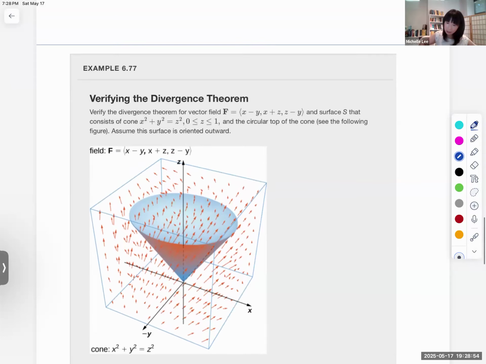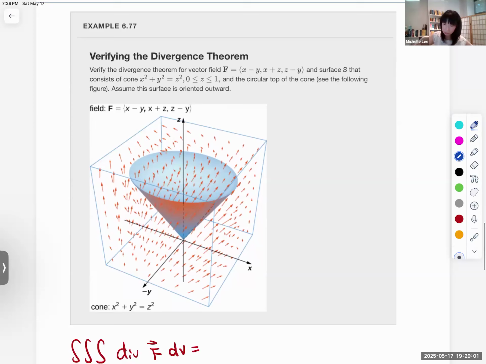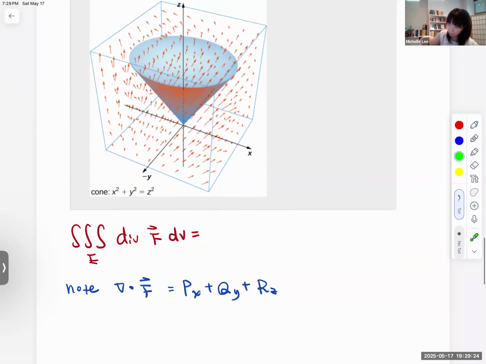Now we have the vector field. Let me do this one. This is P, this is Q, this is R. Looking at P, the partial derivative with respect to x is 1.